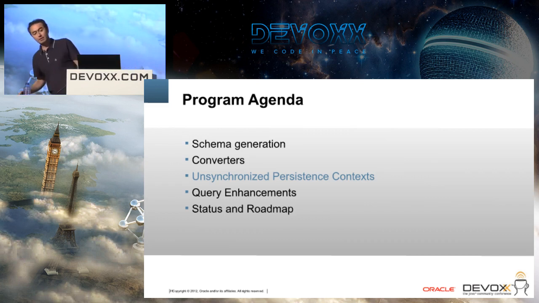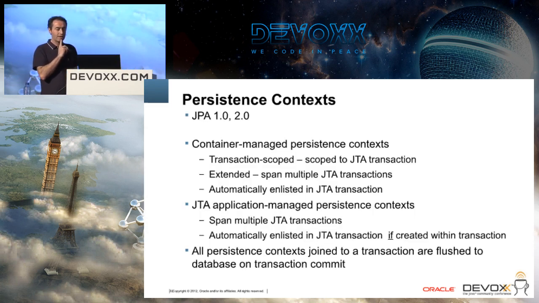Okay, persistence context. This is a meatier topic, and it's quite a nice enhancement. So I'll dig in here. In JPA 1.0 and 2.0, we had container managed persistence context, and we had application managed persistence context. And container managed are transaction scoped, right?